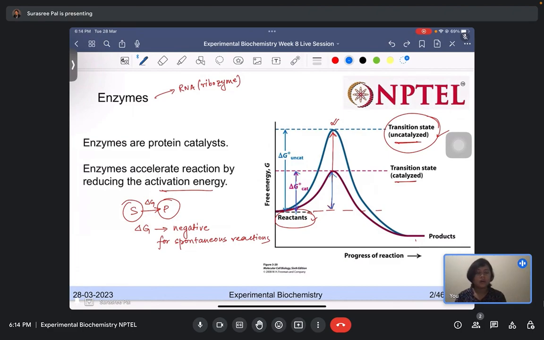Since there is less energy barrier, this substrate can reach the products much earlier or much faster. So that is how the enzymes accelerate the rate of reaction by reducing the activation energy.